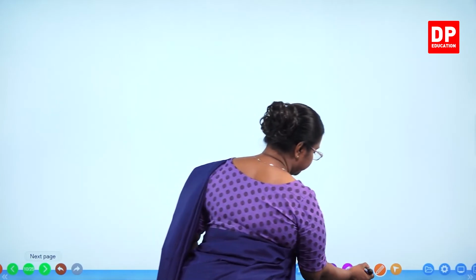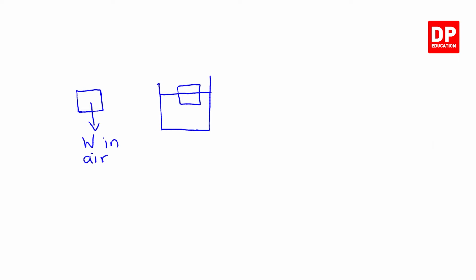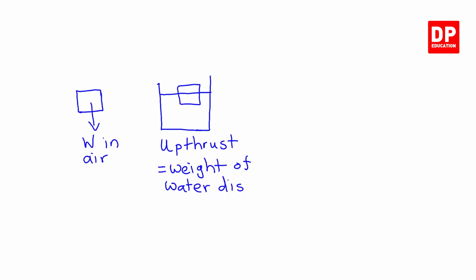So here, students, initially we had the object in air, only the weight in air. Then what did we do? We partially immersed it in water. So the upthrust equals the weight of water displaced, and that was equal to 0.3 Newton.